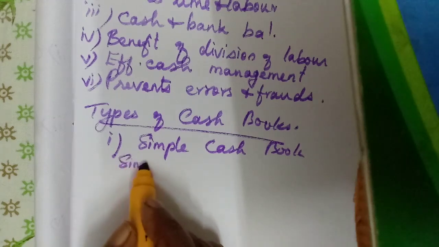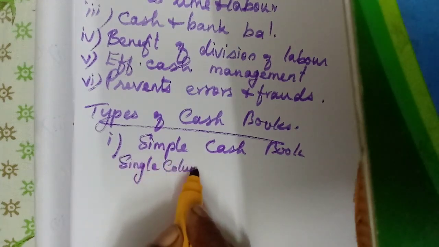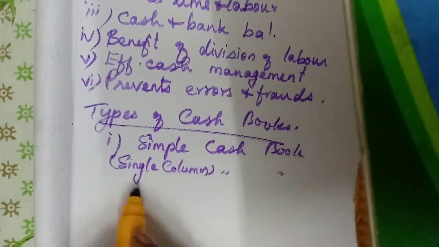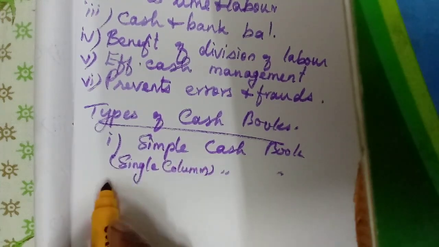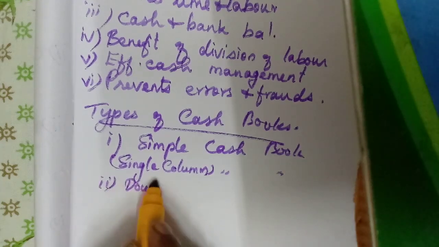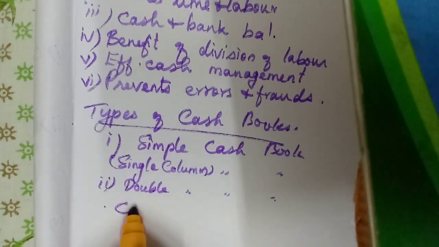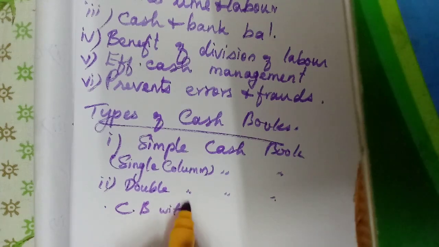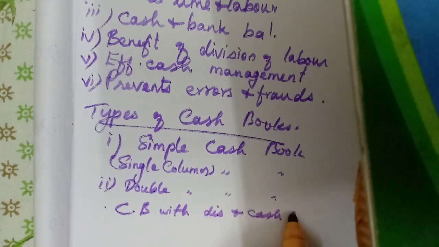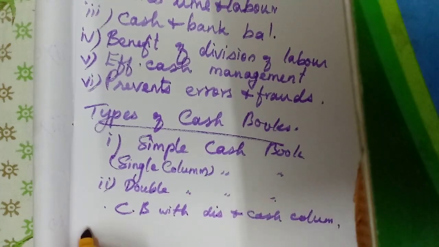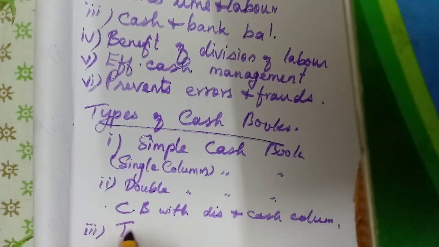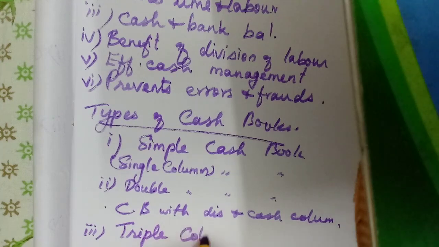Single column here means one column for the amount. Then the double column cash book: a cash book with discount and cash columns. Then the triple column cash book: what is the triple column or three column cash book?